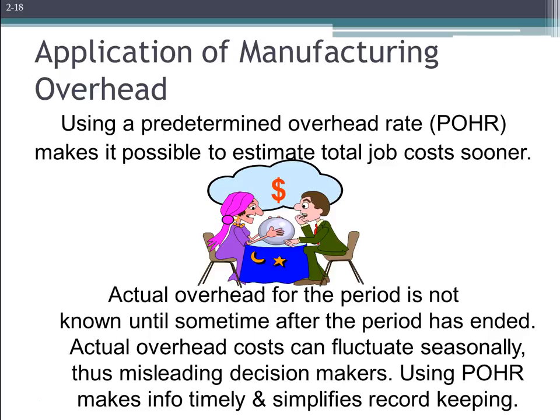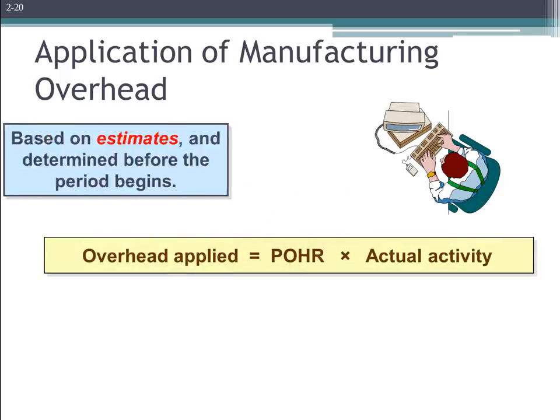And what I mean by that is, imagine if we're building these boxes and not including a very big piece of the costs, all the manufacturing overhead costs. If we didn't put that in there, we might price these things too low and actually be losing money. So we need to have this for decision-making purposes ahead of time, or at least in a timely fashion, to keep our prices competitive and in the profit margin zone.